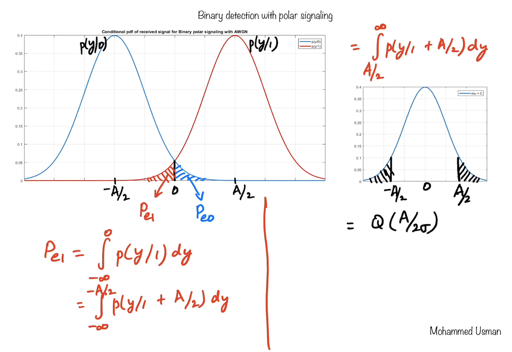So we see that the error probability for the bit 1, or when a bit 1 is transmitted, is also equal to the Q function of a by 2 sigma. And what is a here? The a is the level separation between the bit 0 and bit 1.